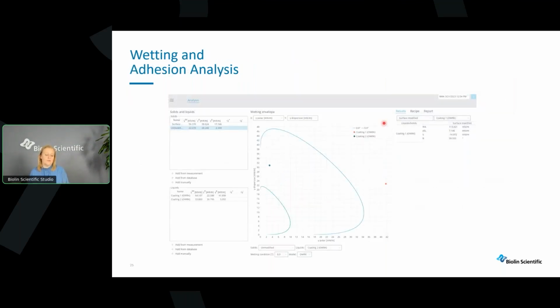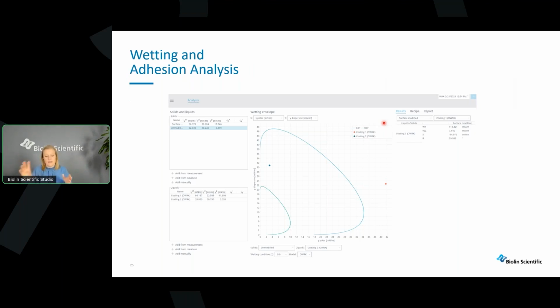And then we would be able to use tools like wetting and adhesion analysis, which is in the software, where we can list all our solid surfaces and all our coating formulations.